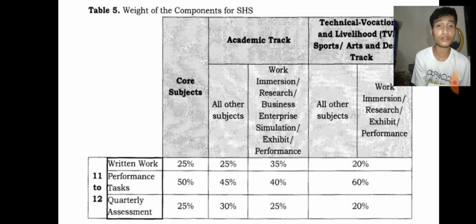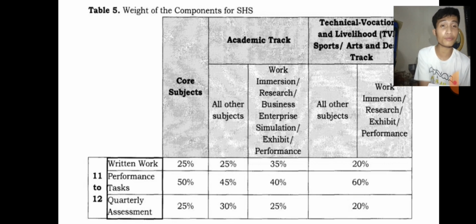In the academic track, for all other subjects, written works are 25%, performance task 45%, quarterly assessment 30%.